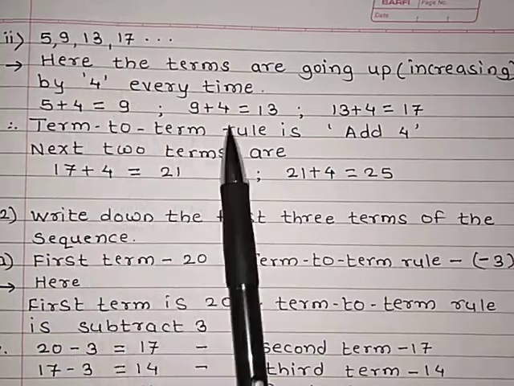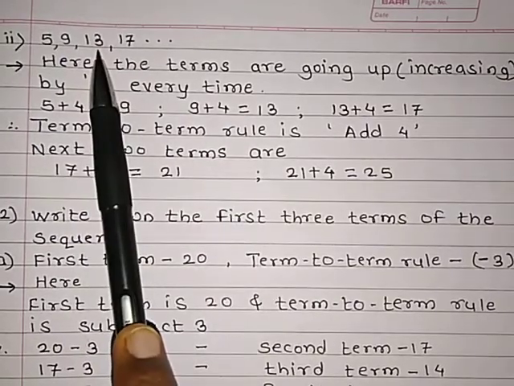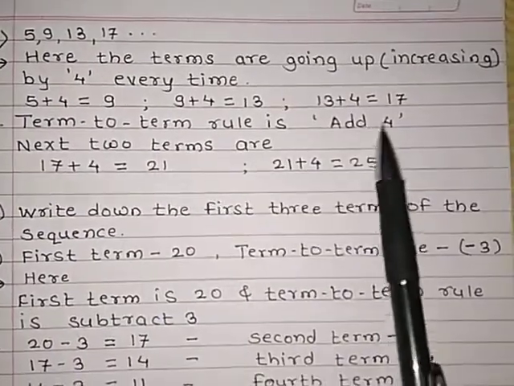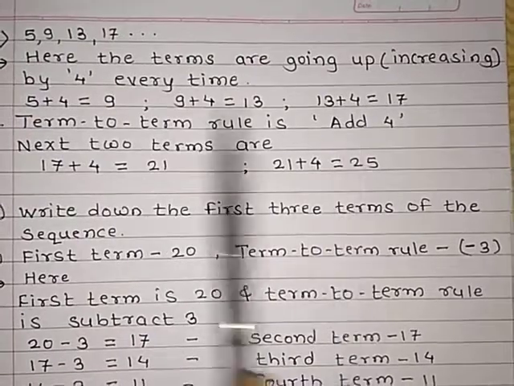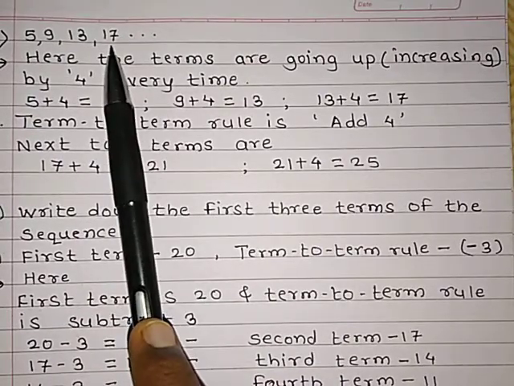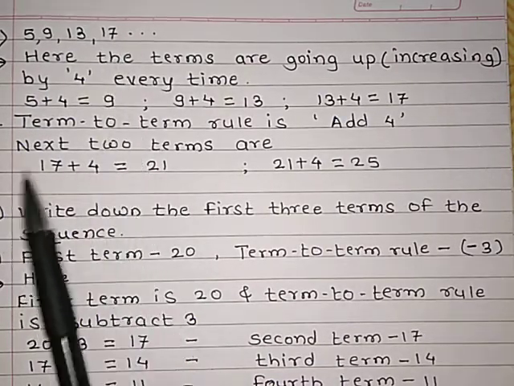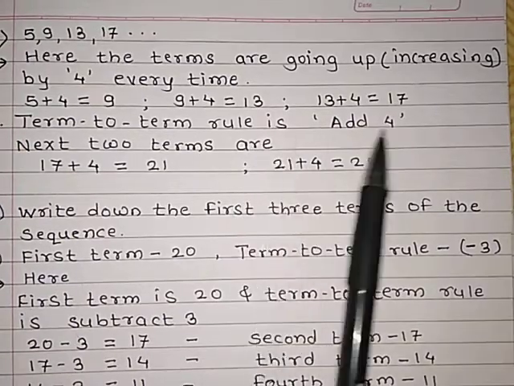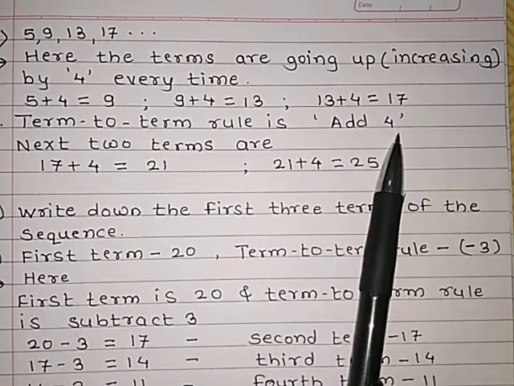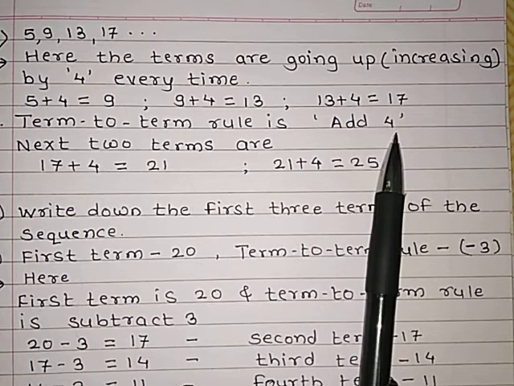Again 9 plus 4 gives the third number, 13, and 13 plus 4 gives the fourth number, 17. Therefore the term to term rule is add 4.